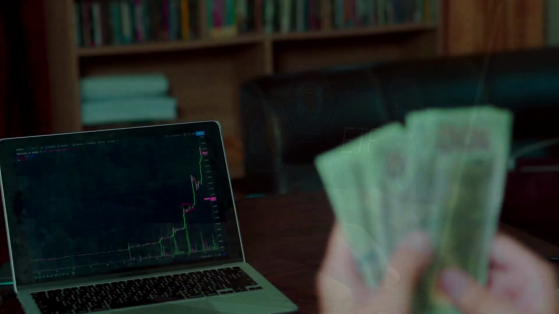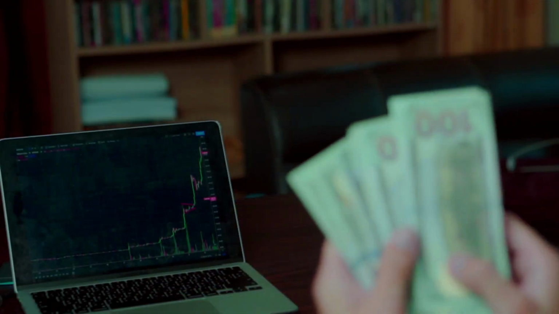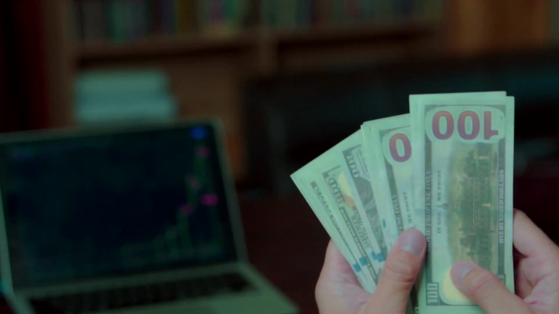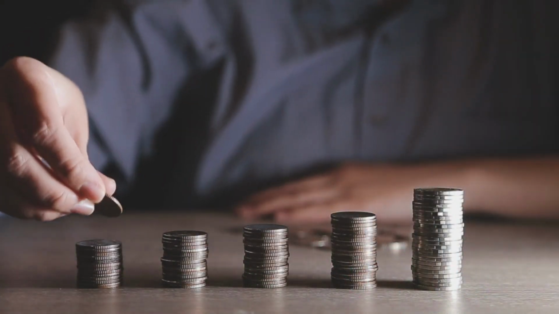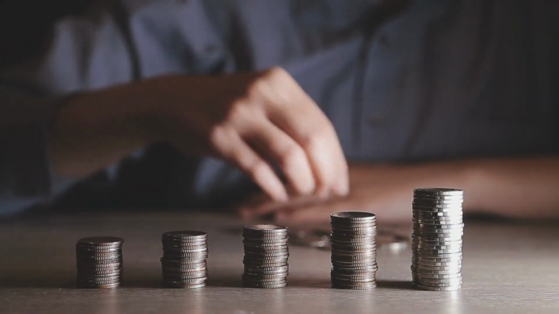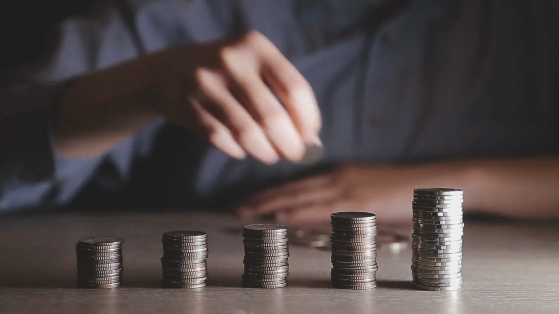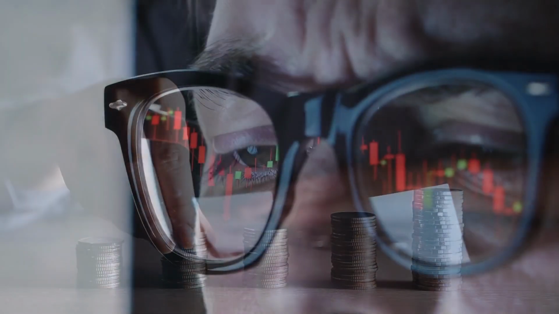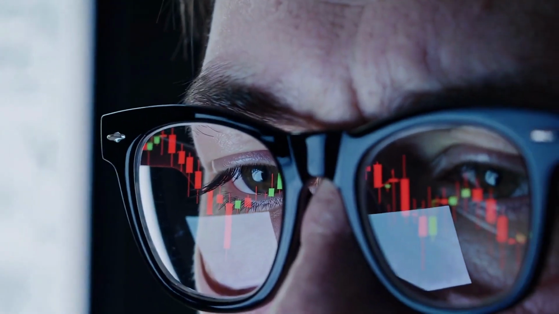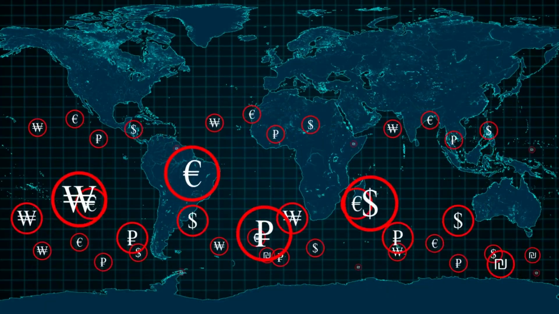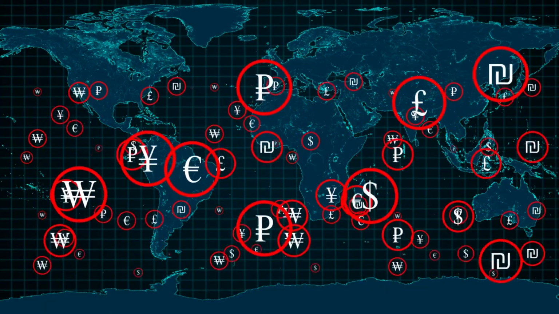Another important strategy is gradual capital allocation, also known as dollar cost averaging. Instead of investing a large amount at once, investors allocate funds over time. This reduces the risk of entering the market at a peak price. Using regulated international brokers is essential.